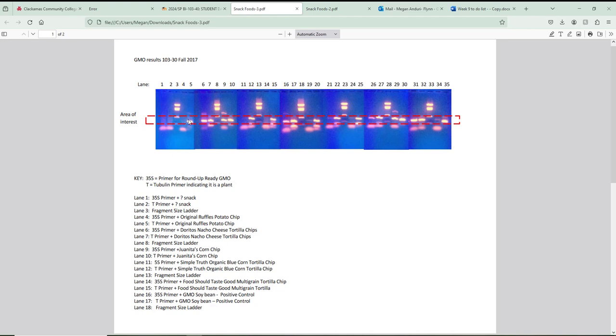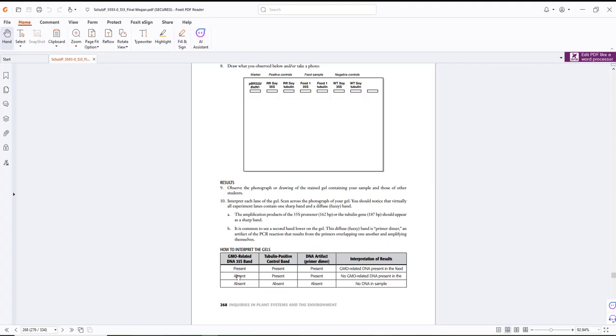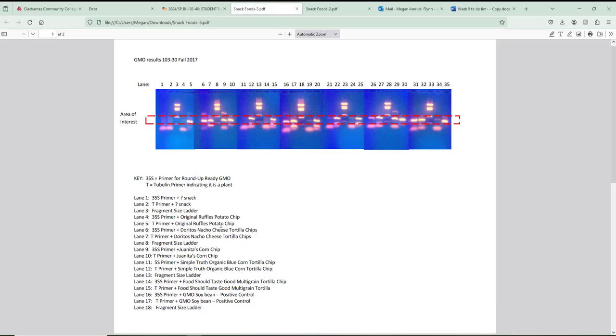So what does that mean for our original Ruffles potato chips? No band for the first one, and present for the second one. That means it is a non-GMO related food. That particular brand of potato chip doesn't contain any GMO food. So no GMO DNA is present in original Ruffles potato chips.